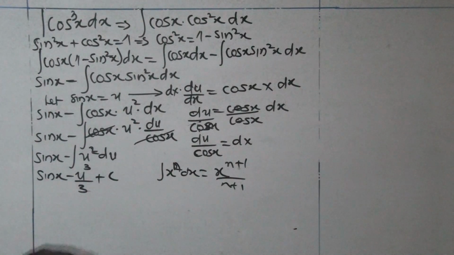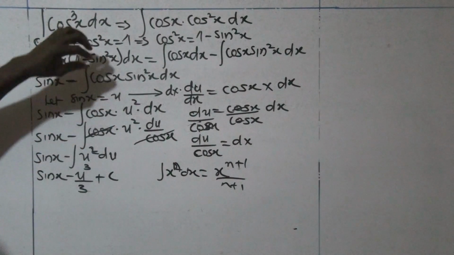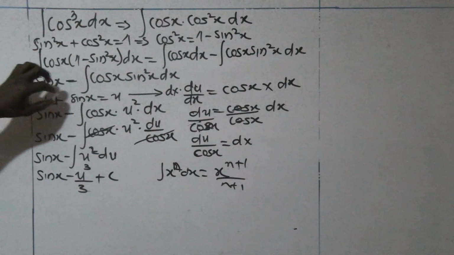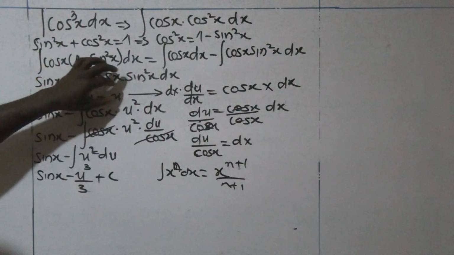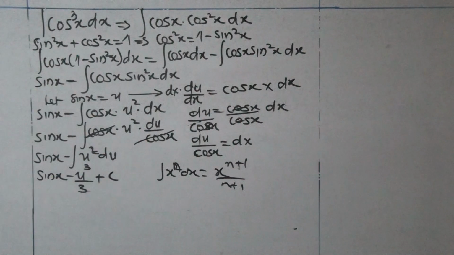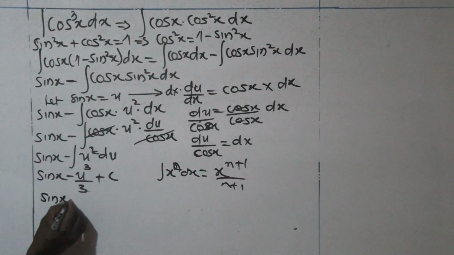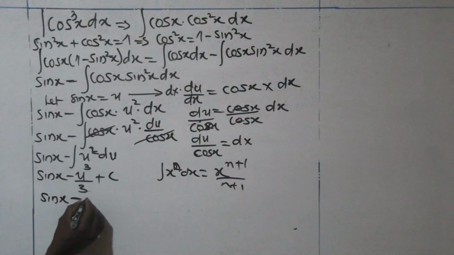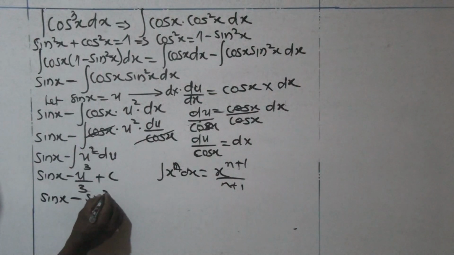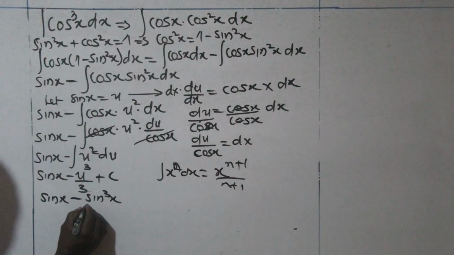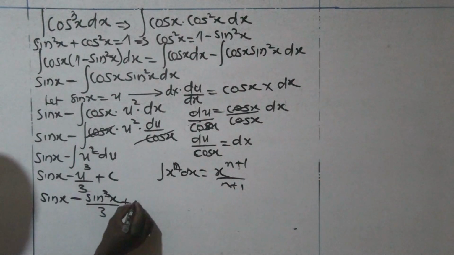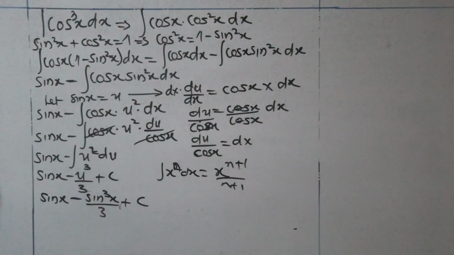Very important, an arbitrary constant. But you have to recall that you set sine x equal to u. So in place of u, we replace it with sine x. So this becomes sine x minus sine raised to the power of 3x divided by 3 plus an arbitrary constant.